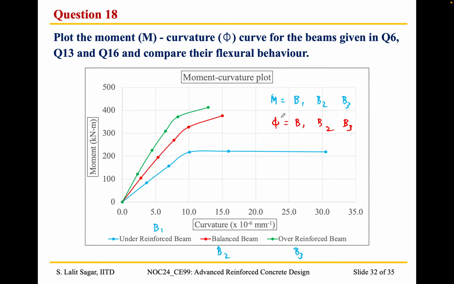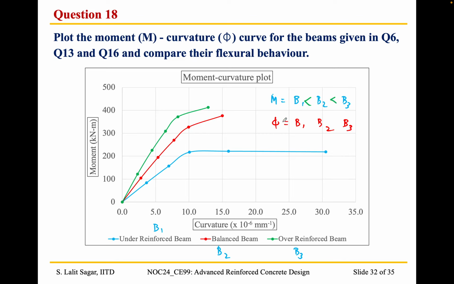As we are increasing the area of steel for under reinforced, balanced and over reinforced beam, what is happening to the moment capacity? How does B1 compare with beam 2? Yes, thanks for the answer. So B1 is less than B2 and also B2 is less than B3.